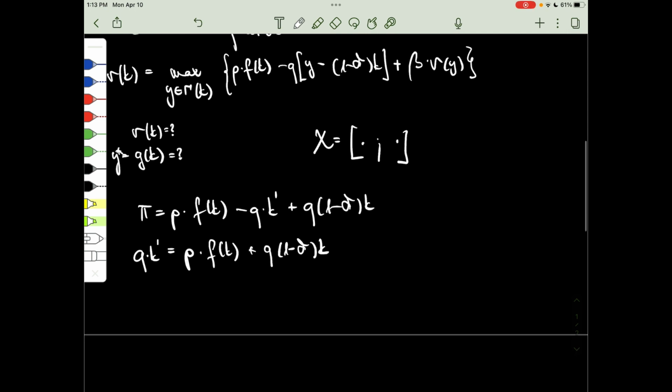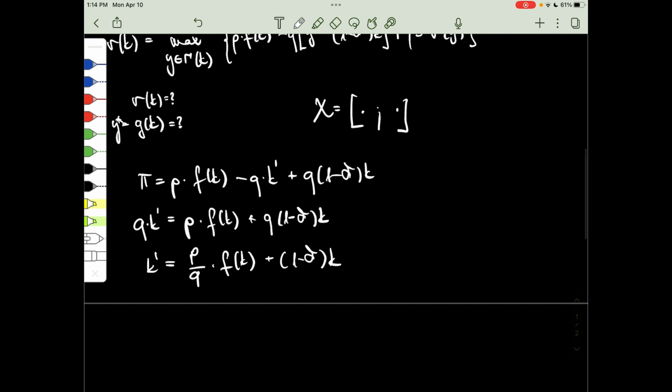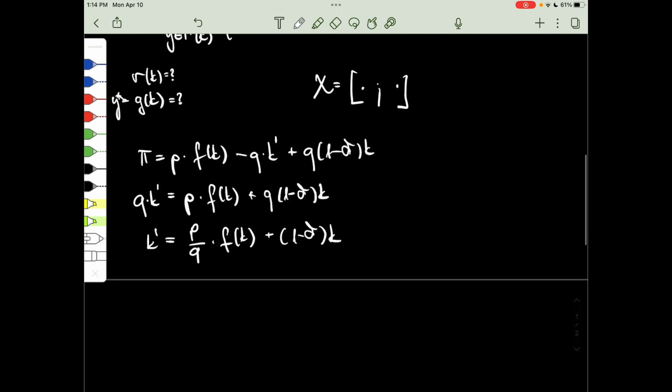We have this result, of which we can express a nonlinear difference equation in K for next period capital stock. And given that we have no technological change, technological improvement, we have no increase of the population.